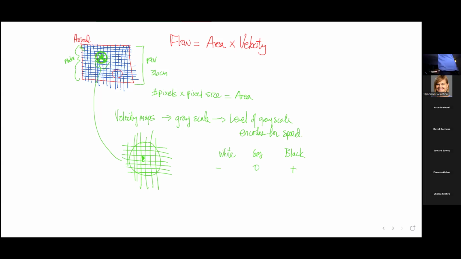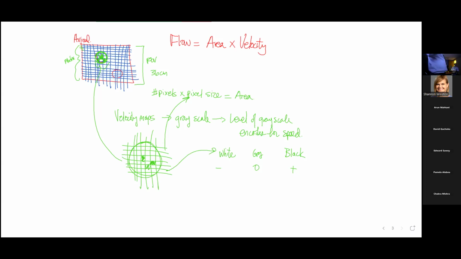And essentially, what happens, you draw the region of interest, and it knows the size of the pixels, and you know the number, so that gives you the area. And then each one of these pixels is going to be shaded some level of gray, and that's going to give you a velocity measurement.